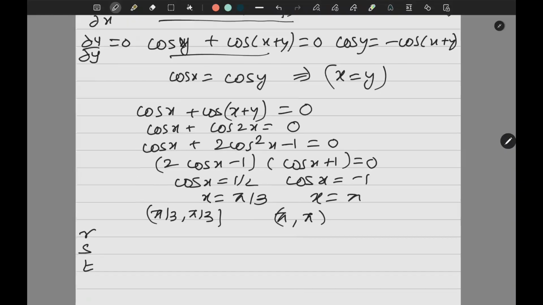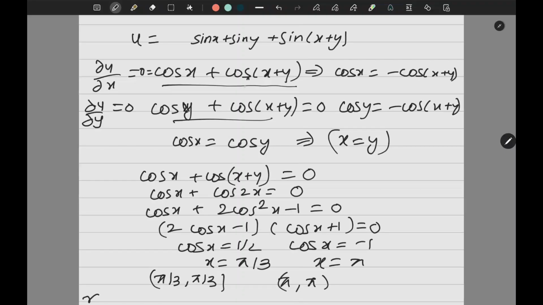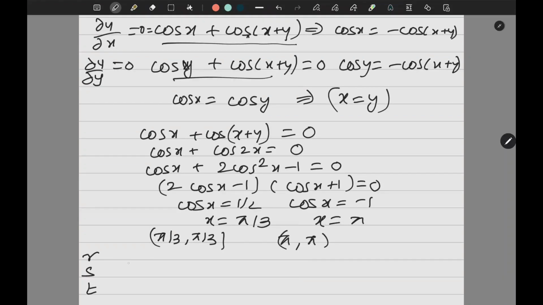Okay, let me solve for you. This is cos X plus cos(X plus Y). So what will be the value of R? Minus sin X minus sin(X plus Y). What is S? Minus sin(X plus Y).